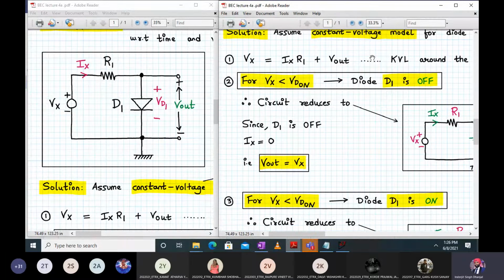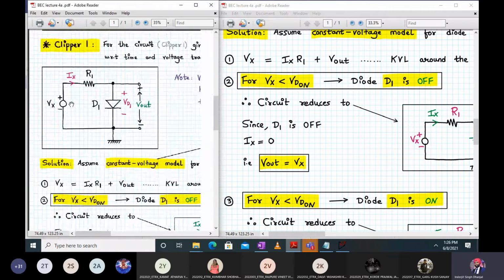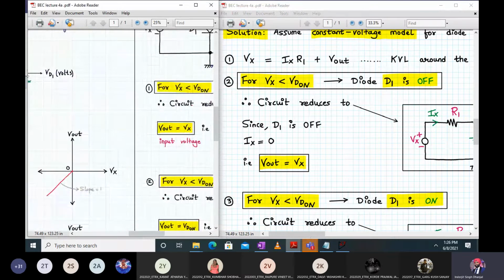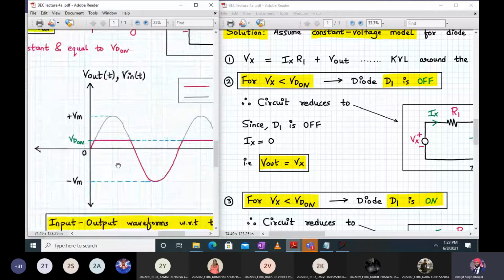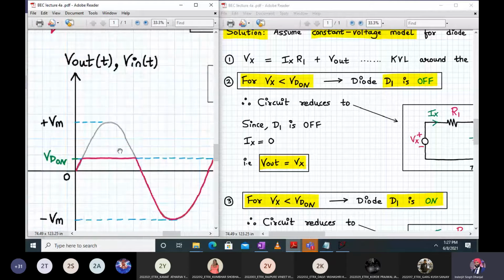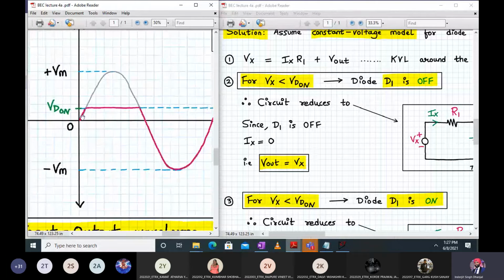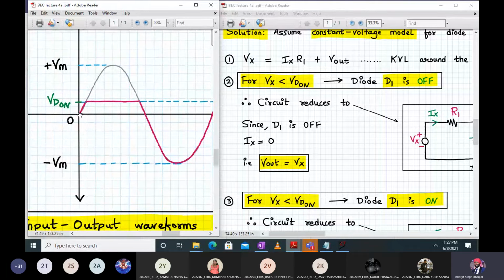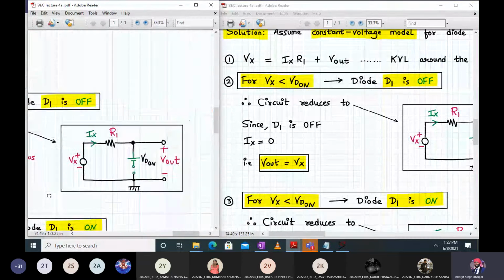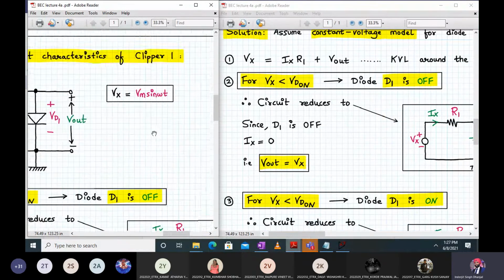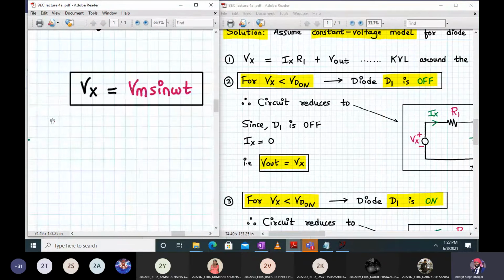Let me show you the waveform. So this is my Vx. Basically Vx is Vm sin omega t.